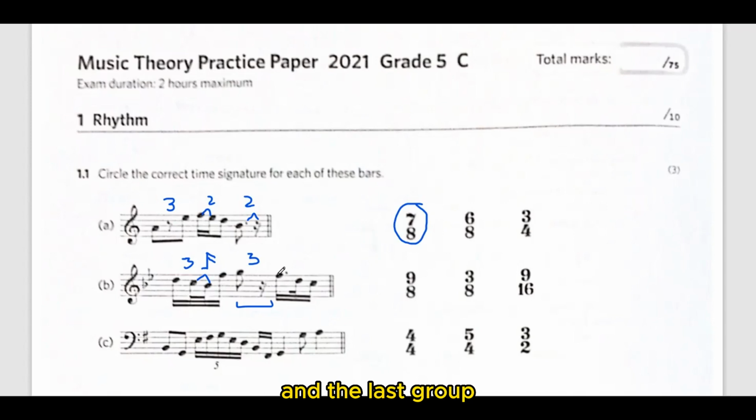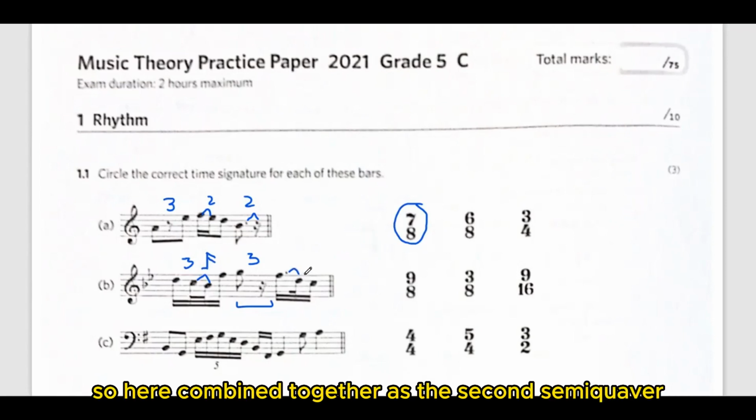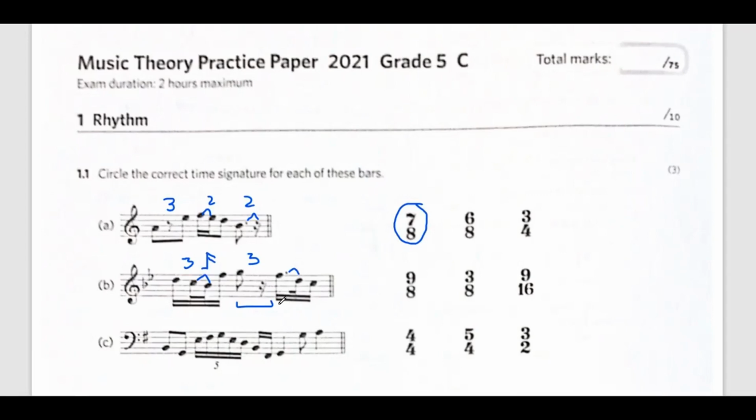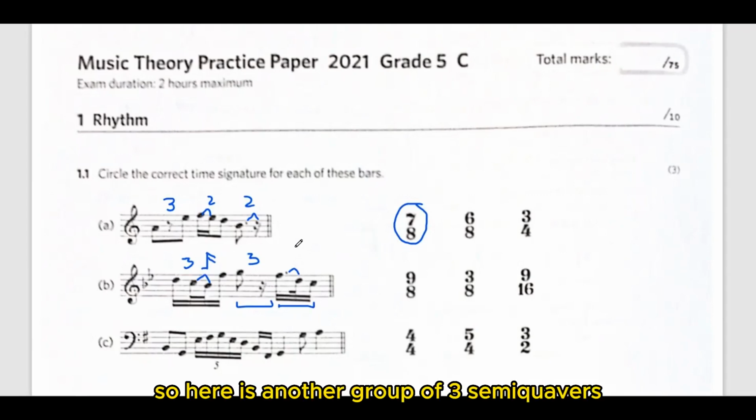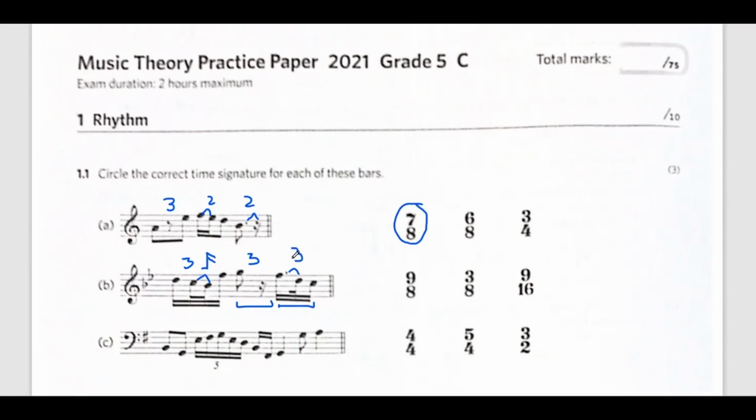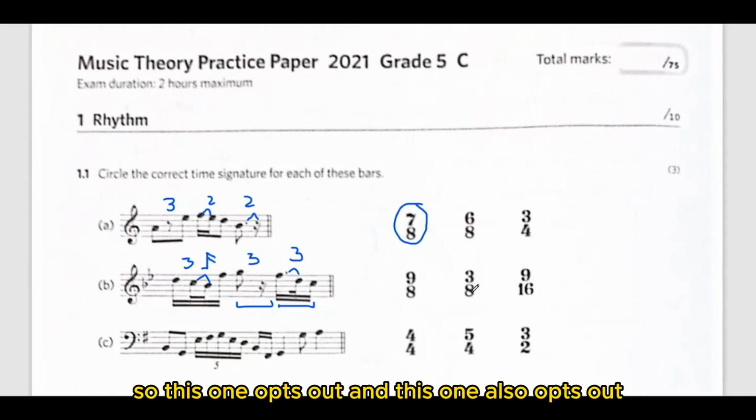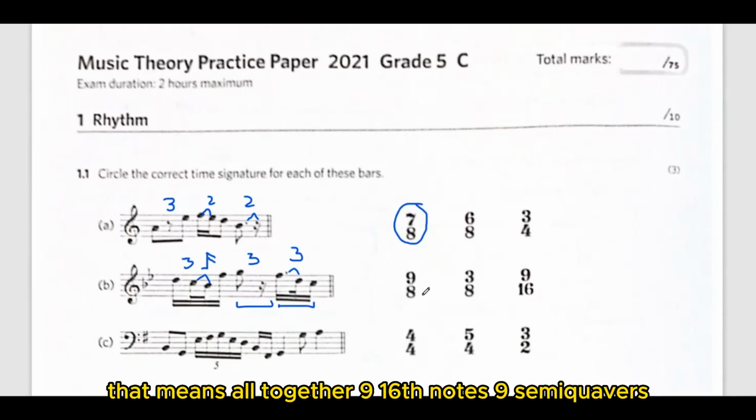And the last group, 1 semiquaver. The dot is a demisemiquaver. So here, combined together as the second semiquaver. So here is another group of 3 semiquavers. 3 groups of semiquavers. So this one opts out, and this one also opts out. That means altogether 9/16 notes.